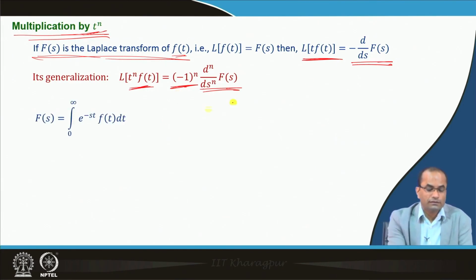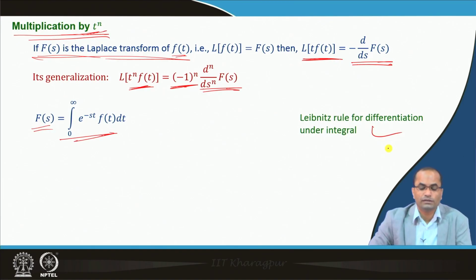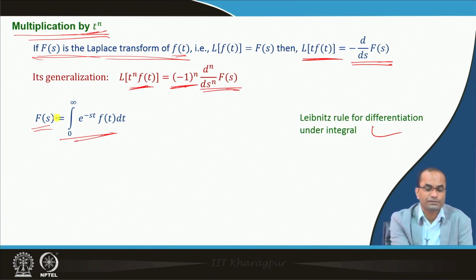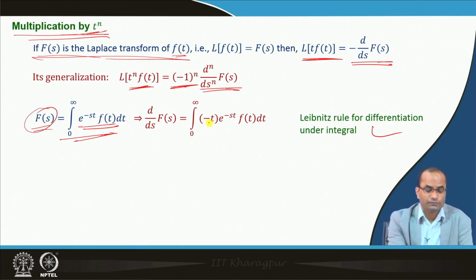Looking at this result, we can see that F(s) is the integral of e power minus st f(t) dt, and if you use the Leibniz rule of differentiation, if we differentiate here dF over ds, that means here also we have to get d over ds. As a result, minus t will come out, and then we have e power minus st f(t) dt.